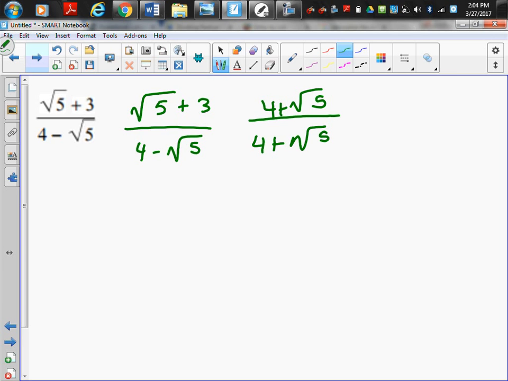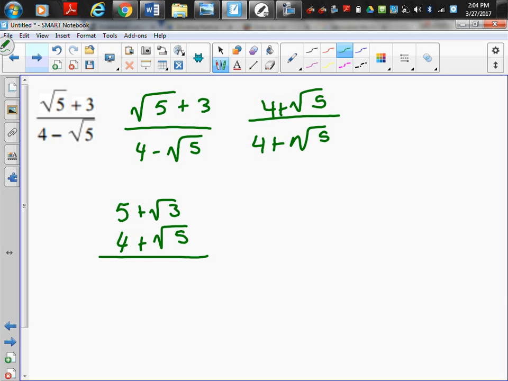Alright. Now we're going to go back to what we were doing before spring break when we were multiplying. So square root of 5 plus 3 times 4 plus the square root of 5. Alright, 3 times 5.